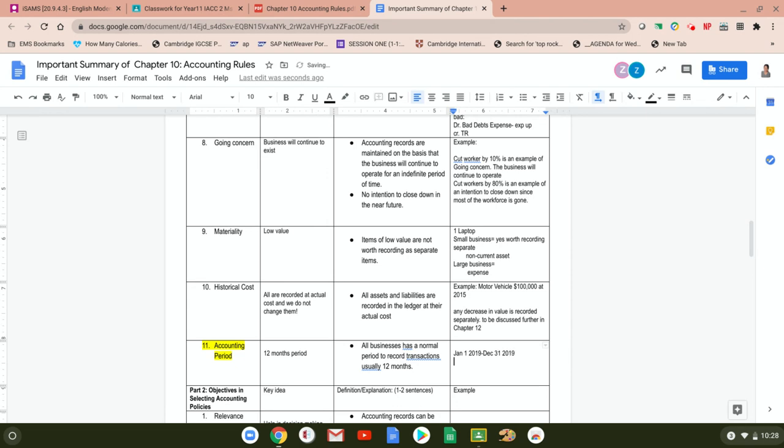Or you can start September 1 of 2019, but you will end 12 months after that, which is August 31, 2020. Can I start in March? Of course you can. You can start March 1, 2020. Then you end the day before, February 28th of 2021. So that is the meaning of accounting period.